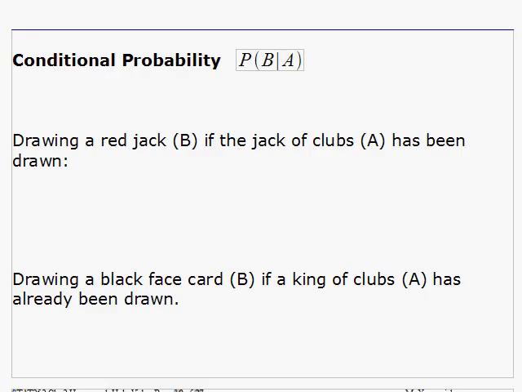Let's look at the numerator. How many red jacks are there in the deck? 2. Does it change if the jack of clubs has been drawn? No, because that jack is black. So there's 2. However, if the jack of clubs has been drawn out of the deck, how many cards are left? There's only 51 left. So there's the probability of event B given that A occurred.